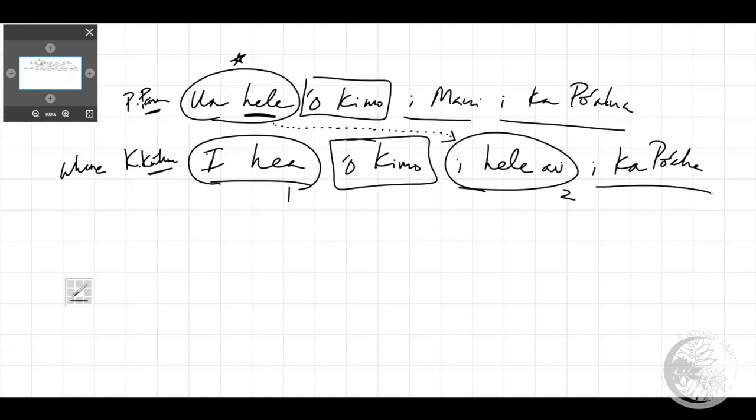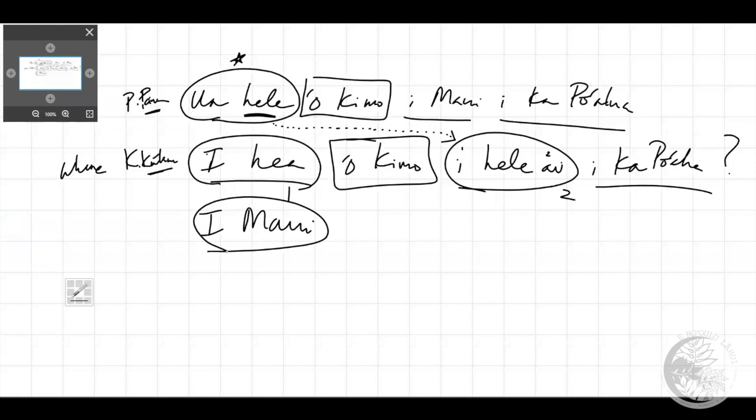Focusing on the where. Now, if I'm going to answer this question, ihea o Kimo iheliai ika poalua, again, the idea is that in the Kālele Kūlana, there are always at least two makapainu. To answer this question, I take that idea of I Maui. So if I was to answer this question, I Maui, it's to Maui.